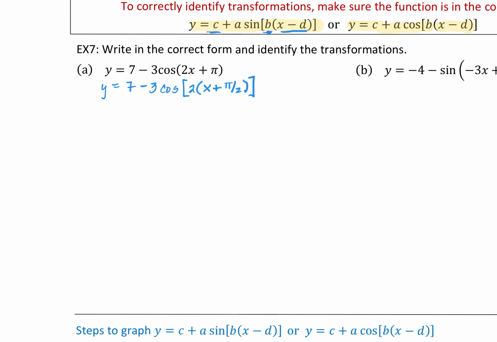When we identify the transformations, it's easiest to start from the inside. So we'll start with the x plus pi over 2. The plus pi over 2 is going to be a shift either left or right. Since it's a plus, it's a shift left. So instead of writing shift left pi over 2, we use that language of phase shift.